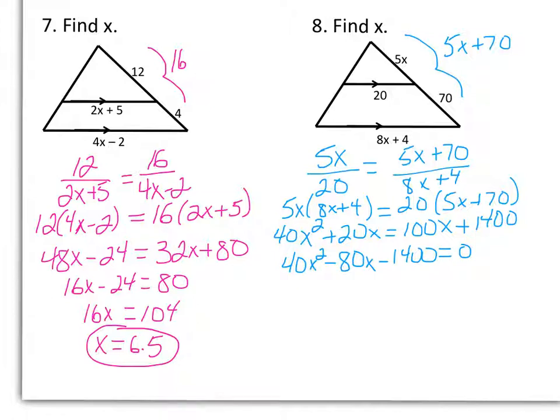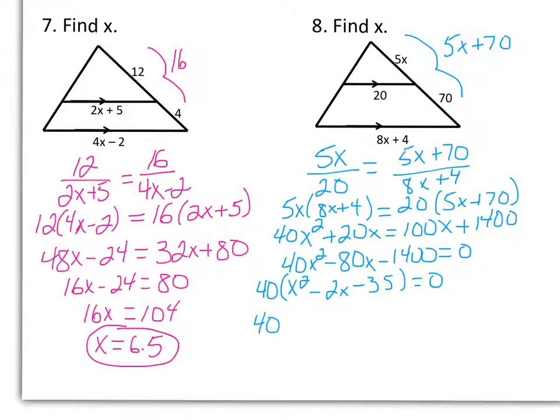Now to solve an equation like this, we have to factor. And the first thing we look for is a GCF, or a greatest common factor. So this is going back to Alg 1 here. Well, my GCF is 40. So if I factor 40 out, I have x squared minus 2x minus 35 equals 0.